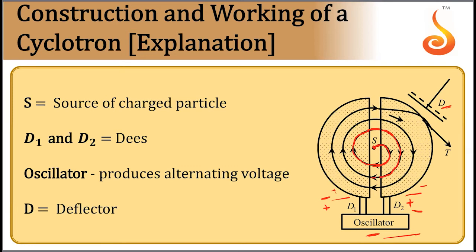So every time it comes between the Ds, there is acceleration, giving an increase in velocity and an increase in radius. The particle gains more and more velocity, and when the radius becomes equal to the radius of the Ds, the deflection plate is turned on, and it comes out of the system. Just make a sketch of this diagram.